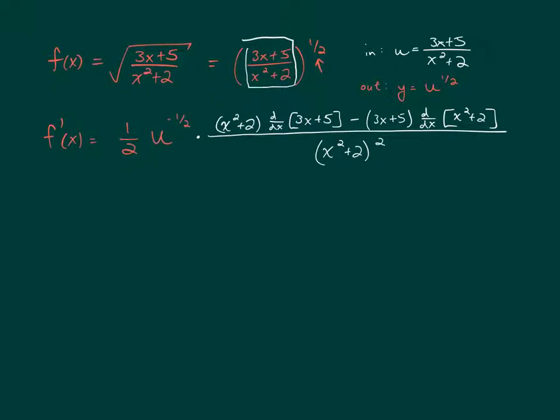This expression here, we've almost found all of the derivative except for these little parts here. And we need to go back and substitute this quotient in for this expression.